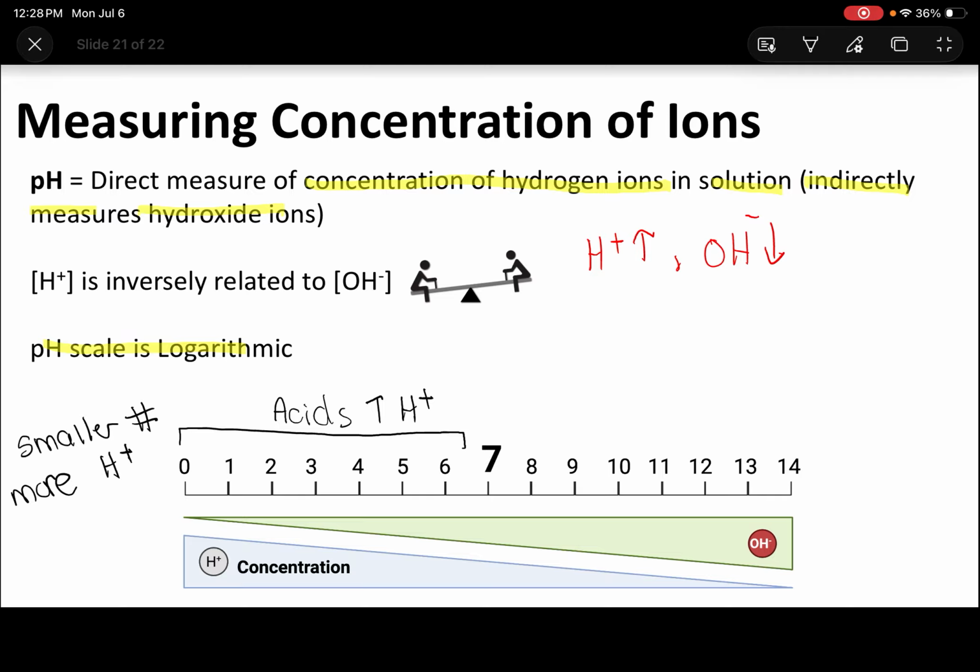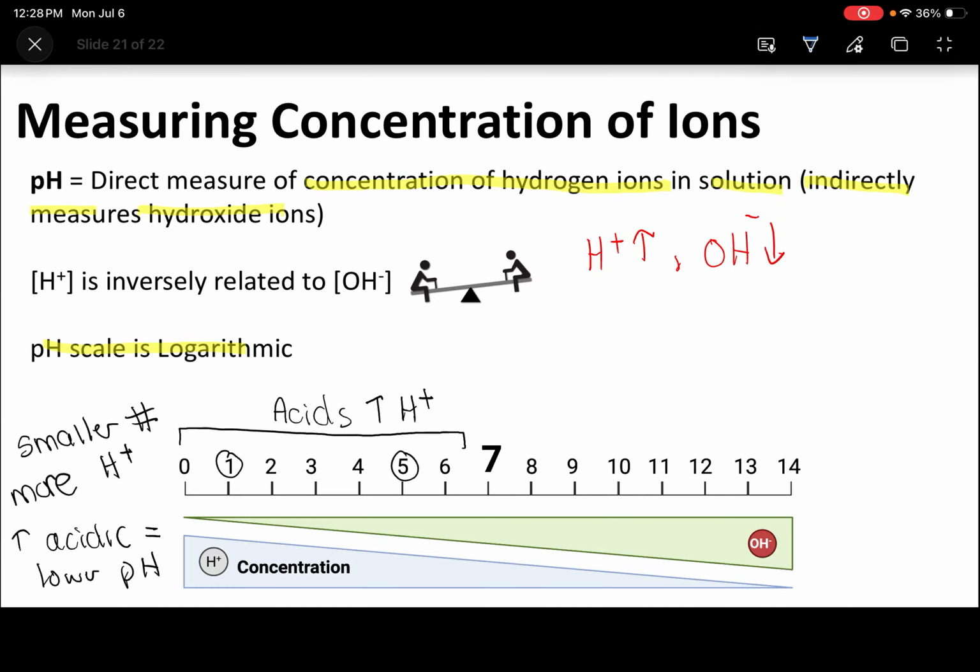So when we say something is more acidic, that means it's going to have a lower pH. So smaller, lower numbers means more hydrogen ions, means more acidic. So something with a pH of 1 is going to be more acidic than something with a pH of 5.